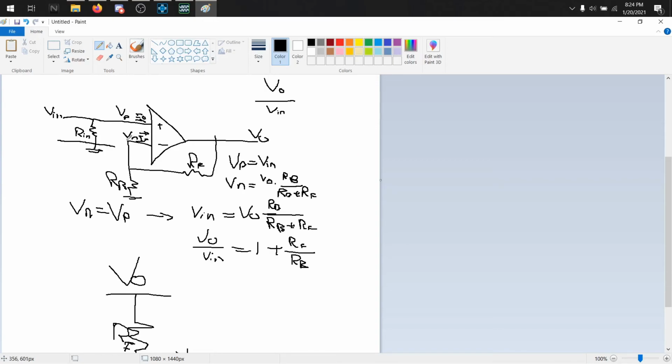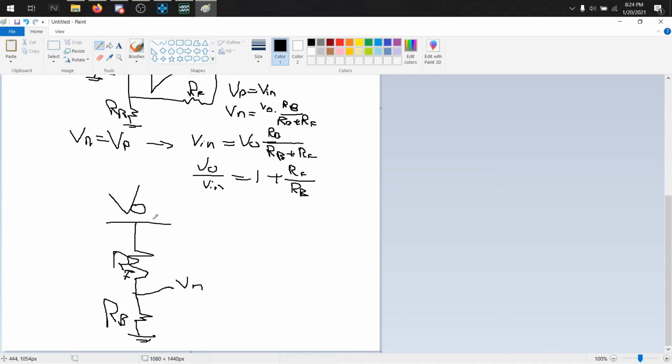And then VN is a voltage divider. It's V out times RB over the combination of RF and RB. So right here, and because VP equals VN, we can substitute VP for V input equals V out times the voltage divider network.